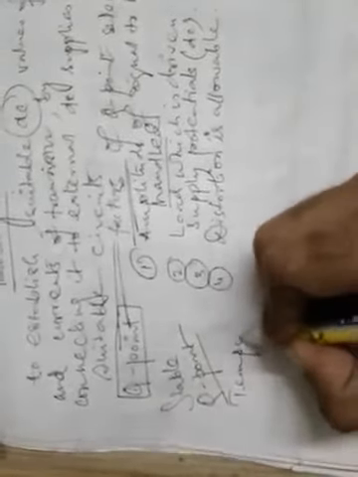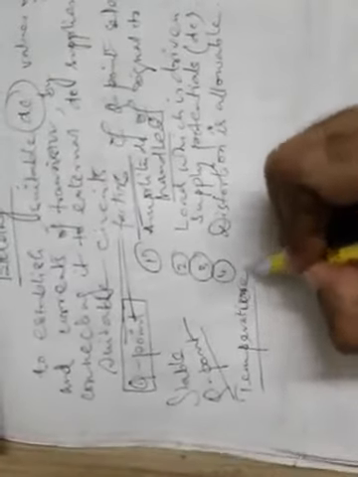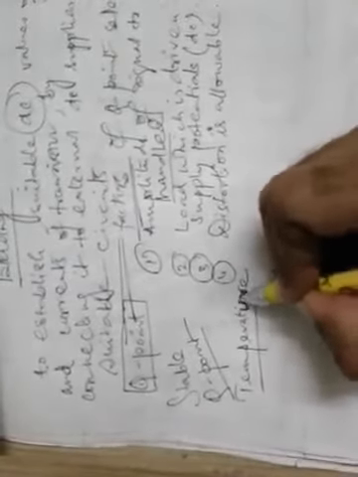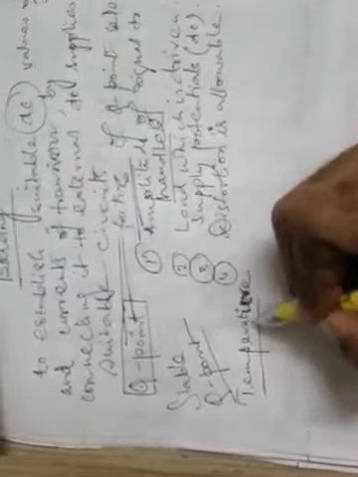Now the Q point or the operating point of a transistor amplifier may shift. That means the Q point may become unstable with changes in temperature. So temperature is a very problematic quantity when it comes to the question of amplification by the transistor.